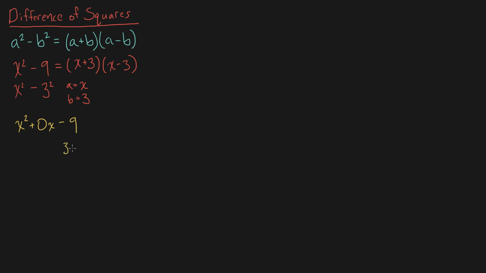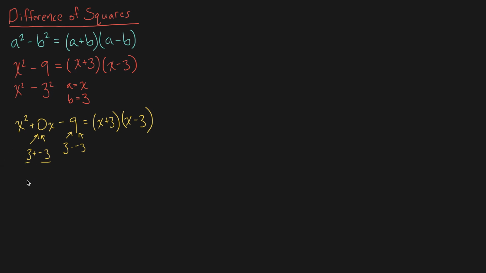Well, 3 and -3 multiply together to make -9, and those two numbers also add together: 3 plus -3 makes 0. And so similarly, I can rewrite this expression as x plus 3 times x subtract 3. So the difference of squares pattern is just a little shortcut that we can use.